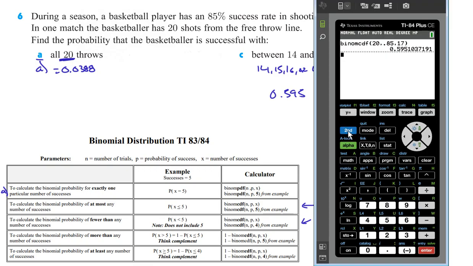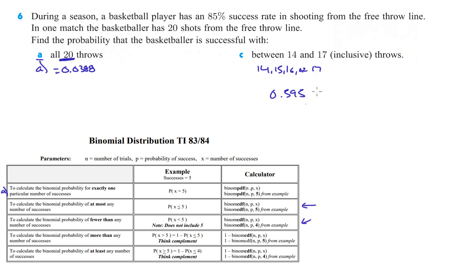Second variables, binomial CDF. Still 20 trials, still 0.85, and we want fewer than and including 13, right? So we turn this to 13 and paste.